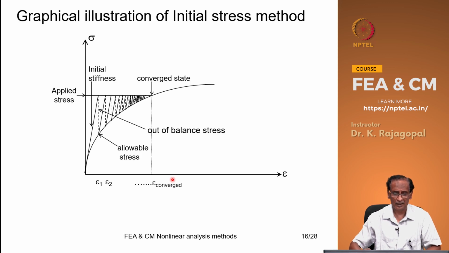And the steps are like this. Let's say your stress strain curve is something like this. It's a highly nonlinear stress strain curve, and we have applied a stress of this much, and this is the converged state where you are exactly matching the stress strain equation, and this is your strain at this stress.